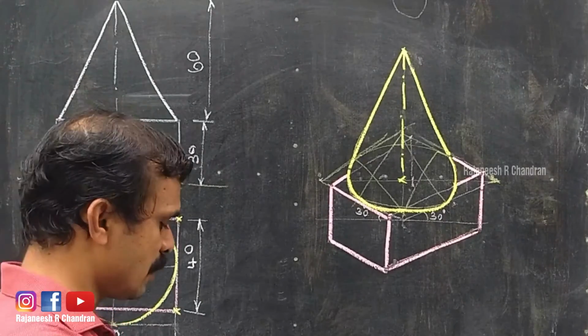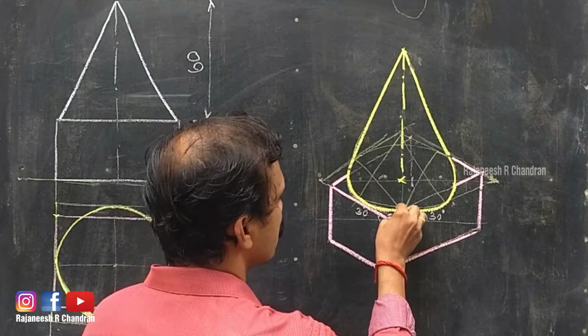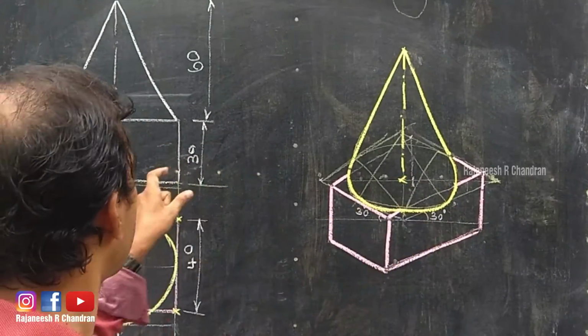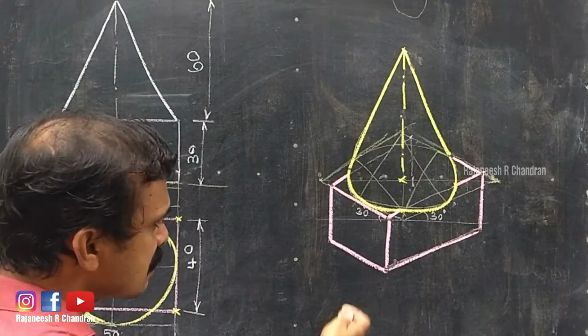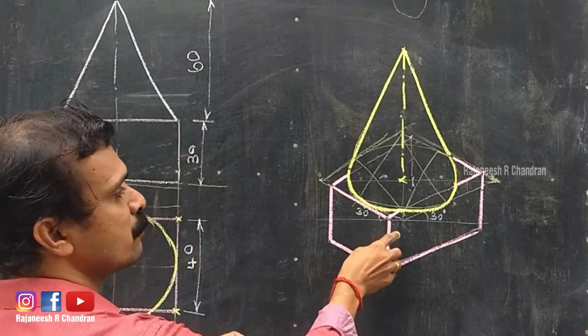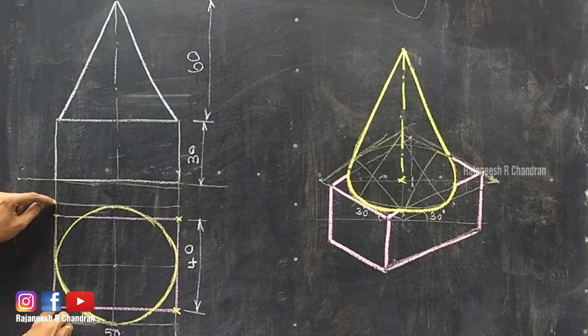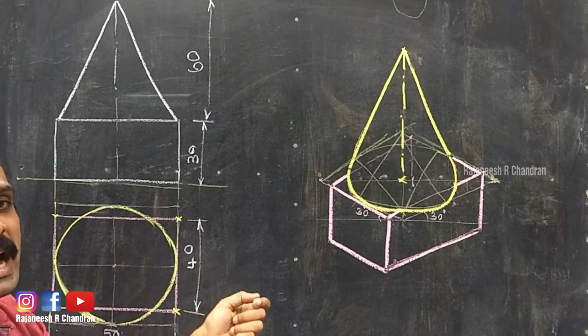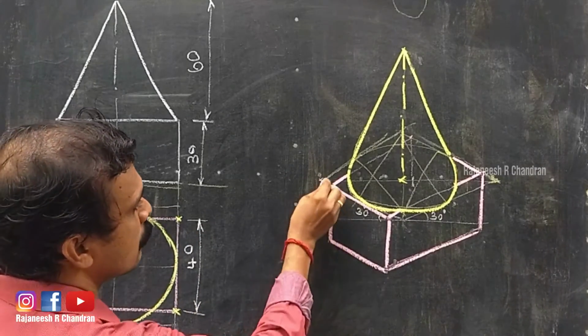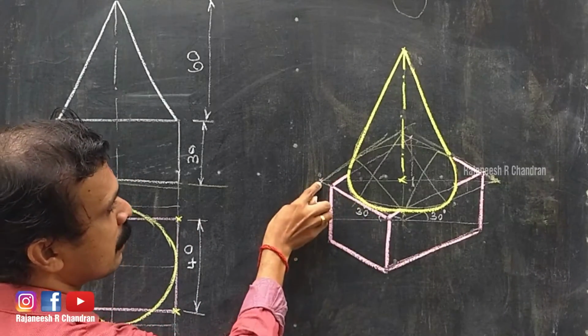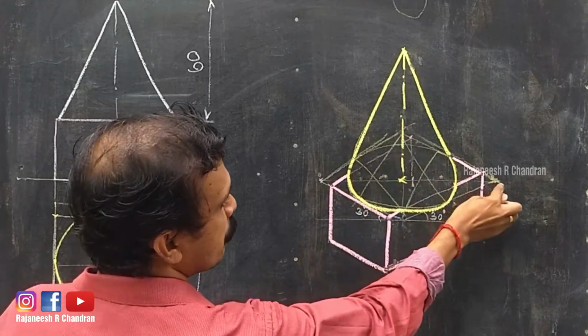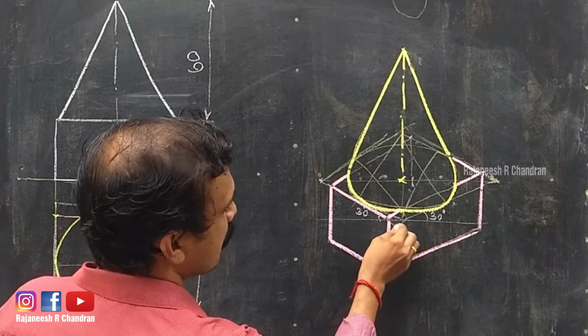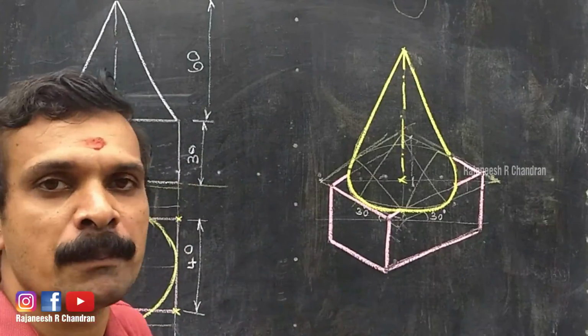So now you can understand why we start from the layer of the cone. We can start from here also. If you start from here, these 4 points we have to mark outside the layer of the rectangular block. This point comes here, this point comes here, and similarly that point will come here. In that manner we can complete the cone.